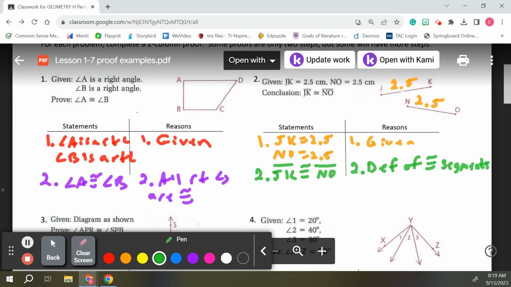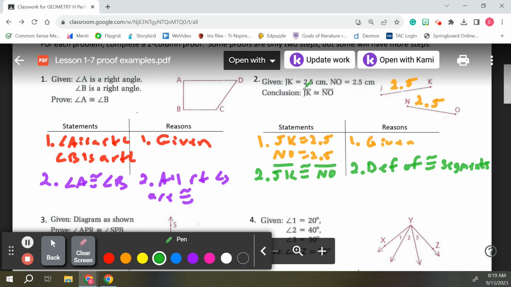Now, the other thing I want you to notice here is how this given doesn't have a line above it for the JK, but when we talk about the congruency, it does. Do you guys see that? Remember how if we're talking about the measure of an angle, we put a little M in front? Not having the line there is like the M, okay? When you're not having the line above a segment, it's talking about a measure.